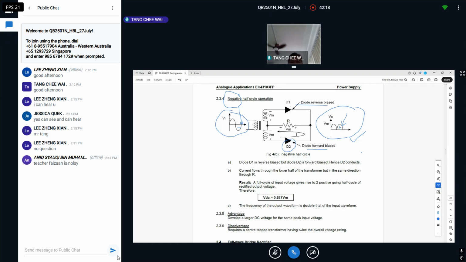That's why now you see your VDC, or voltage DC, is 0.637 Vm. The earlier one, the half wave, is only 0.318, only one half. Because now I see a complete full wave for both cycles. That's why my voltage DC equals 0.637 Vm or Vp. In other words, it's 63.7% of the Vm or the Vp.